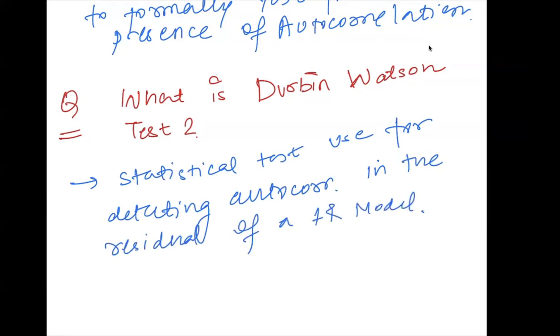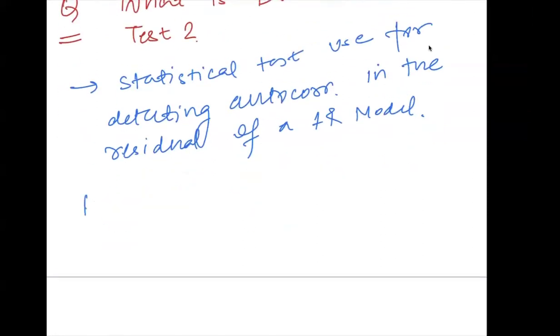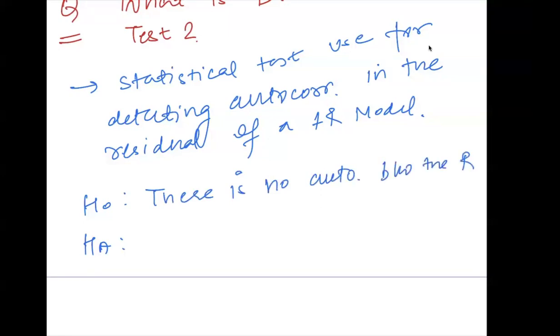As we all know, in a statistical test we have a null hypothesis and an alternate hypothesis. The null hypothesis in this case is there is no autocorrelation between the residuals, and your alternate hypothesis will be there is autocorrelation.